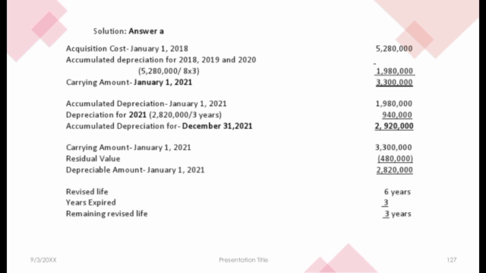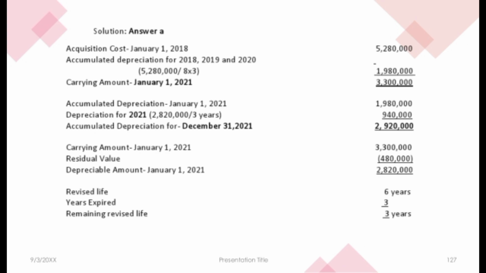Tapos, meron siyang residual value na 480,000. So, ili-less mo lang yon. So, ang magiging depreciation amount na natin for January 1, 2021 will be 2,820,000 na lang. Tapos, meron tayong revised life na 6 years. Then, nagkaroon na siya ng year expiration ng 3 years. So, ang magiging remaining revised life na lang natin is 3 years.